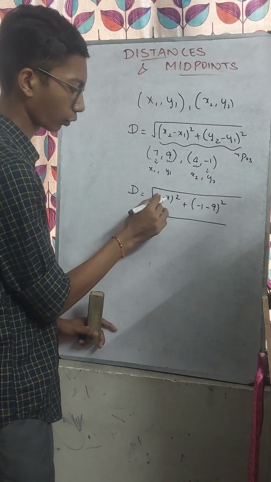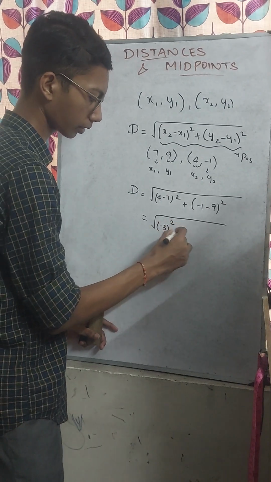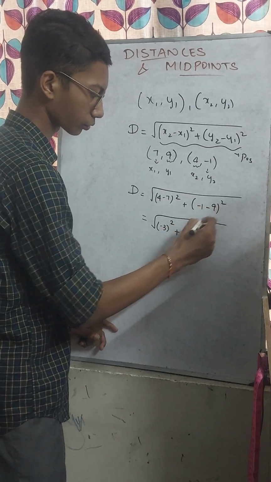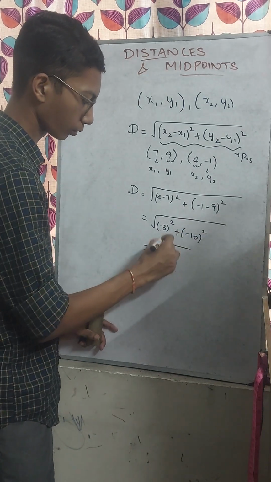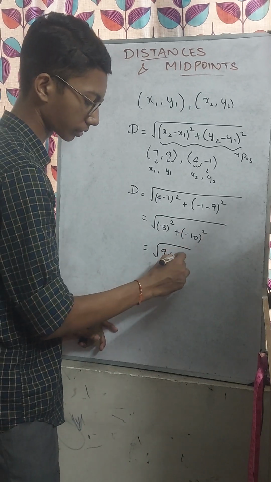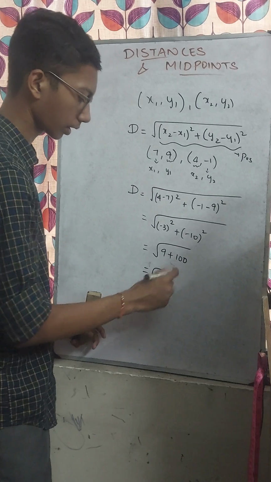Now 4 minus 7 is minus 3 the whole square. Don't leave the minus outside the square. And minus 1 minus 9 is minus 10 squared. So minus 3 the whole square is 9, minus 10 the whole square is 100. So we have root 109.